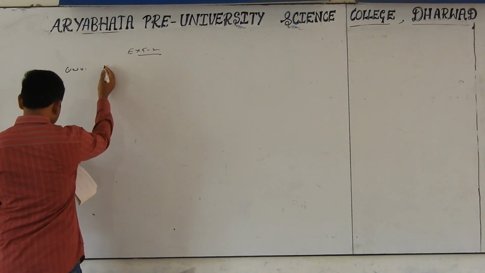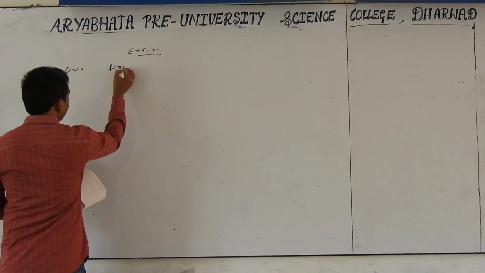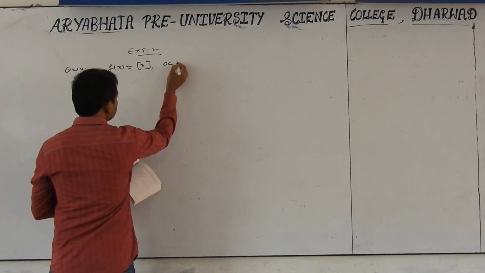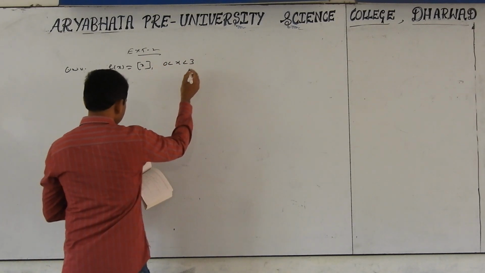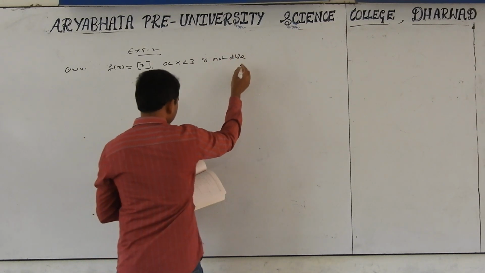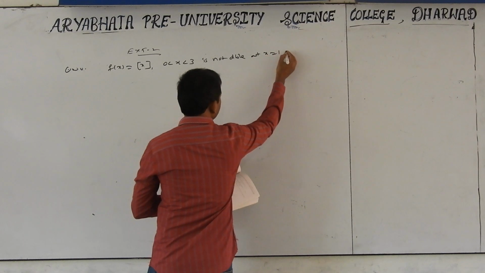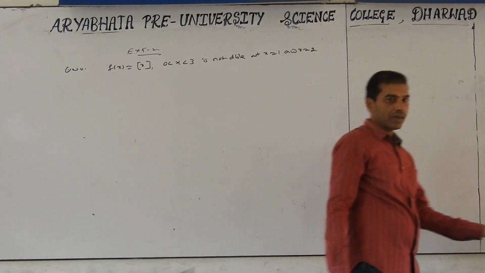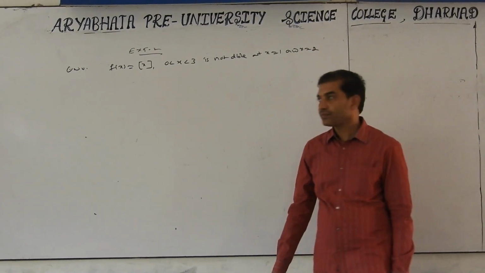Prove that the greatest integer function f of x equal to step x, if 0 less than x less than 3, is not differentiable at x equal to 1 and x equal to 2.